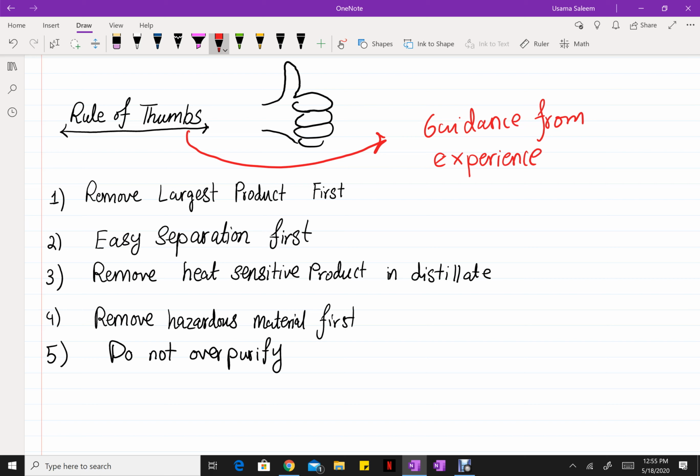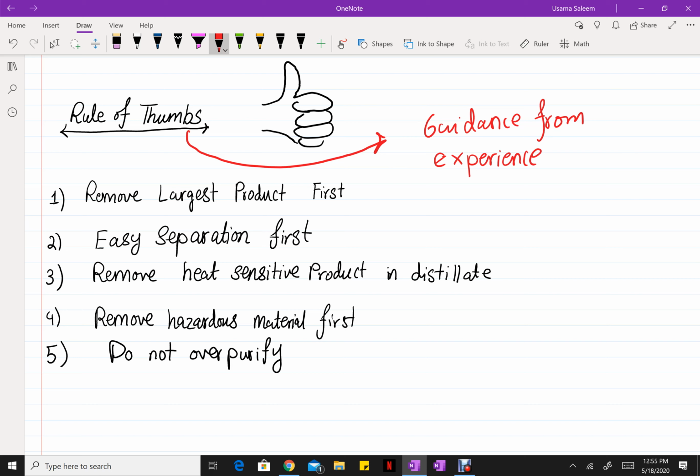Here I have 5 rules of thumb for designing distillation column sequences. Obviously there are more in your textbook for process and product design, but you want to come up with a distillation sequence that checks as many boxes as possible.